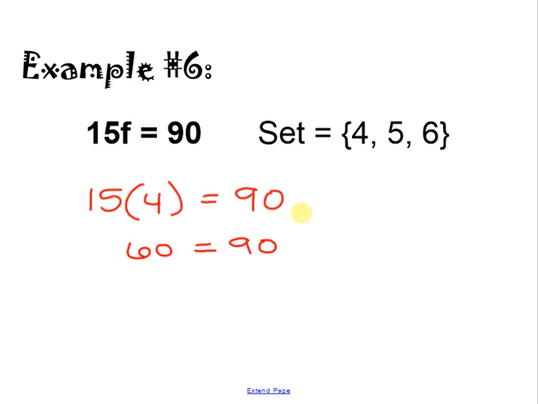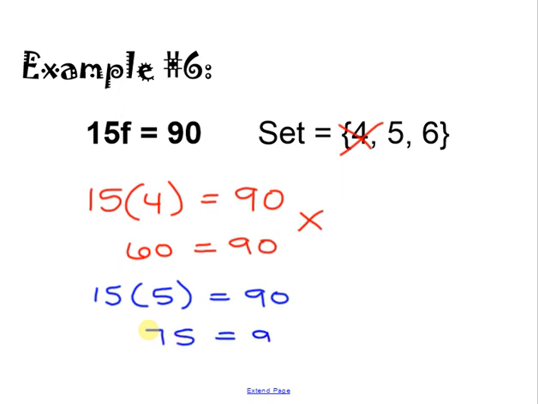Is that true? No. So 4 will not work. Let's try 5. 15 times 5 equals 90. Put it in your calculator. You should get 75 equals 90. Is that true? No. So it's not 5.